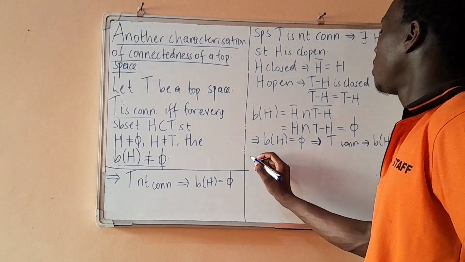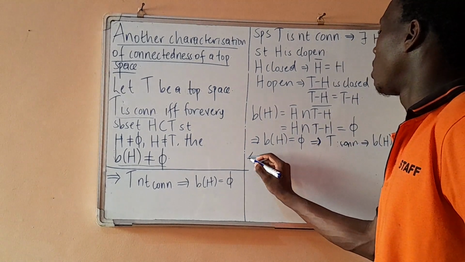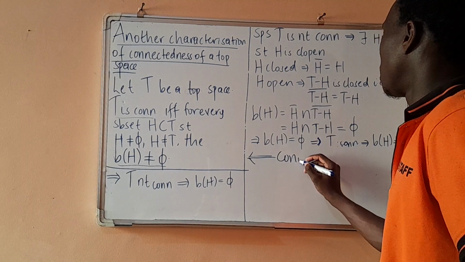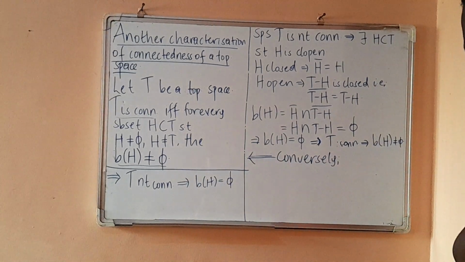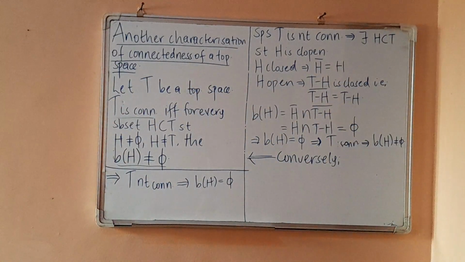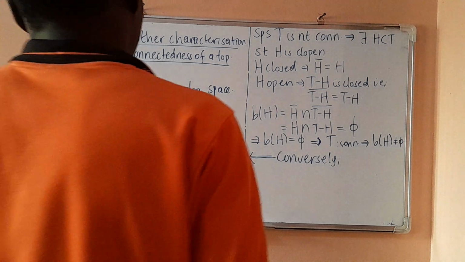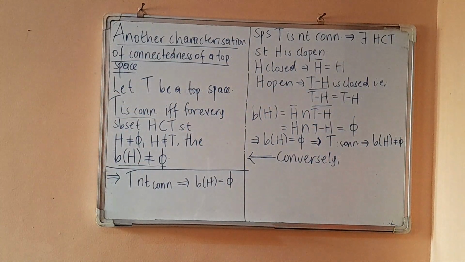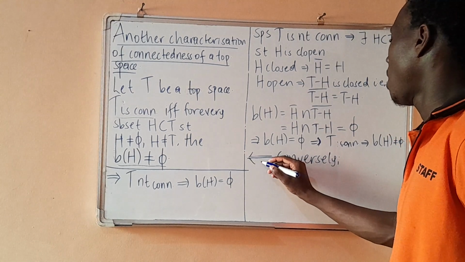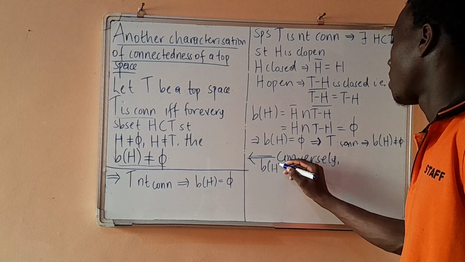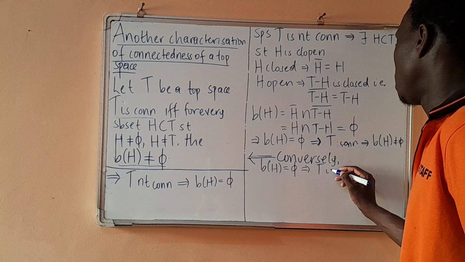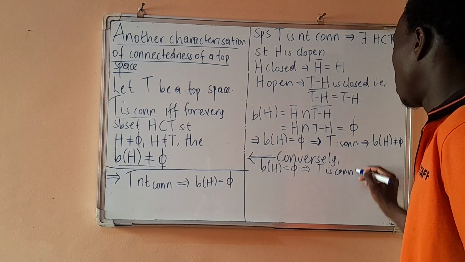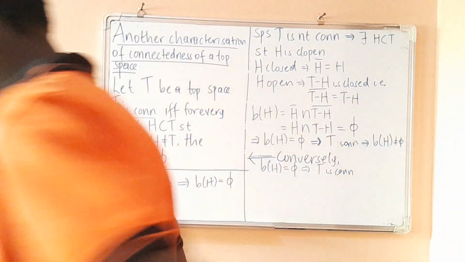Now the backward direction, conversely, I think this one should also follow a contrapositive argument. Suppose that conversely we want to show that boundary of H empty should imply that T is not connected.